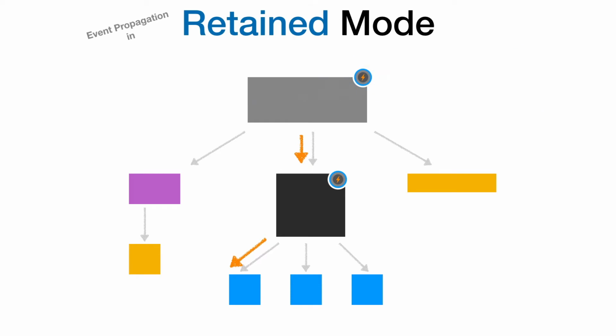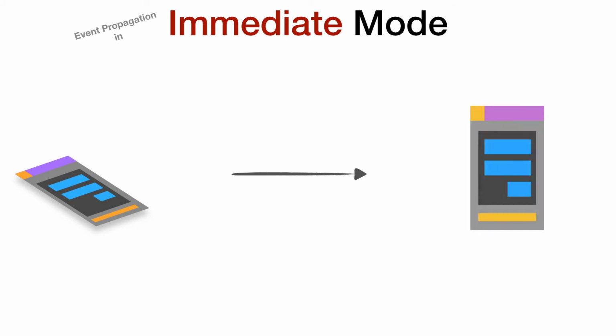And that's why this type of event propagation is called event capturing, which goes top down, and every child in the descendant chain can get a chance to capture and swallow the event. So event bubbling and capturing are the two ways in which events can propagate up or down the hierarchy in a retained mode UI.